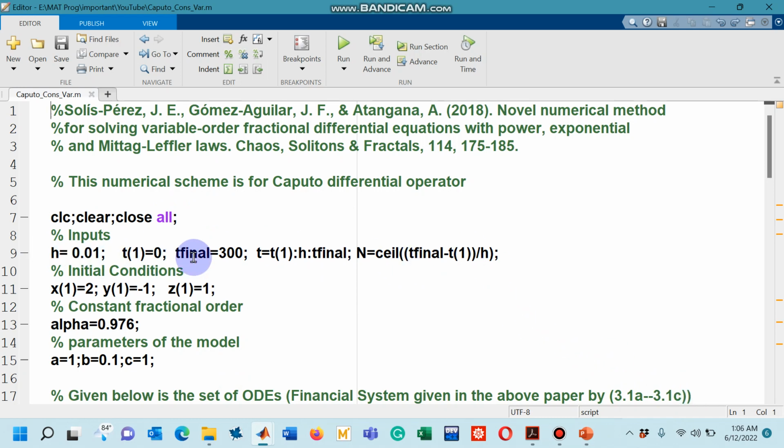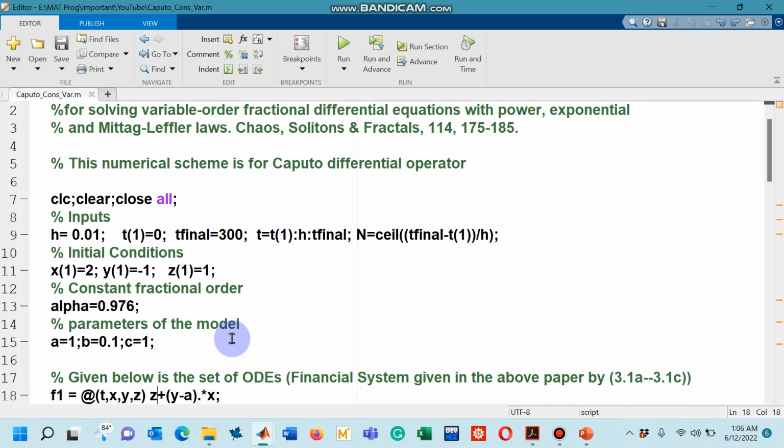On line number 9, some important inputs are defined, like step size h, initial value of the independent variable 0, the time integration interval 300 seconds, and n, the iterations. Line number 11, initial conditions. Line number 13, constant fractional order, arbitrarily chosen by me, 0.976. Values of the parameters of the model are given in Table 1 of the research paper.